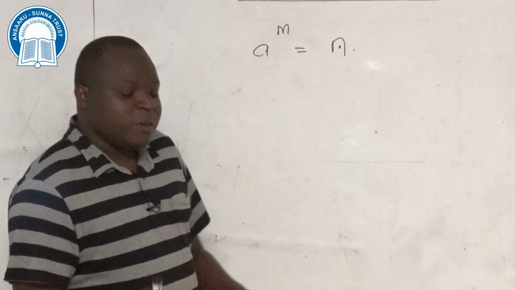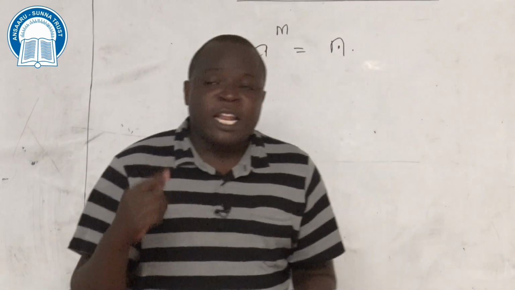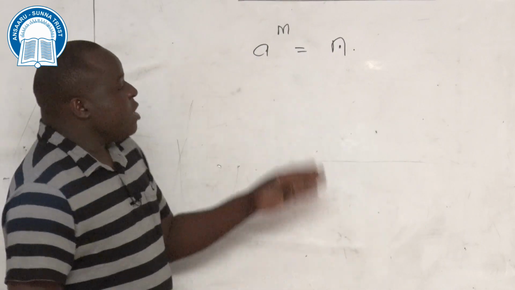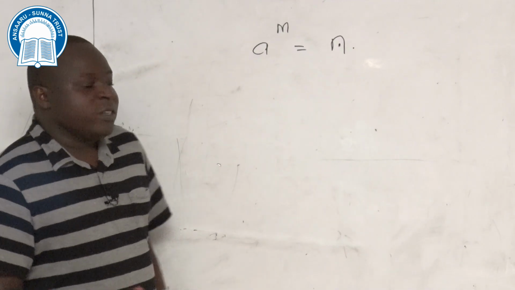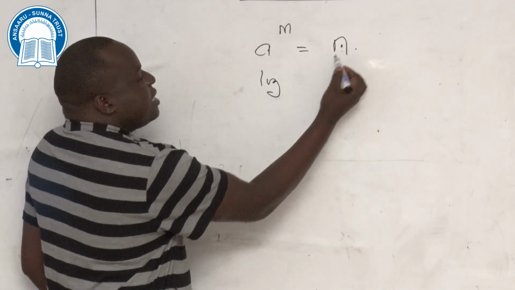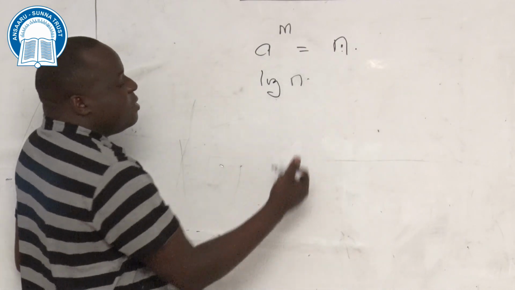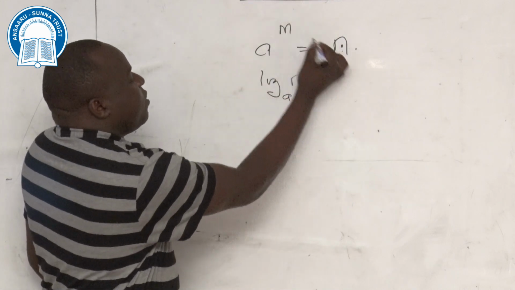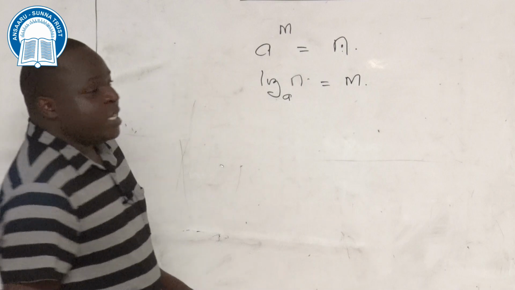So the first thing you're supposed to know about the topic is how to change indices into logs. If you want to change this statement into logs, then you write log. The answer, which is n, becomes the log. Then this a becomes the base. Then the power becomes the answer. That is it.